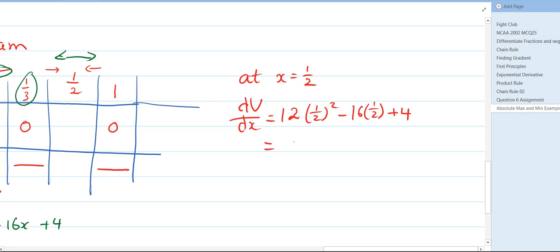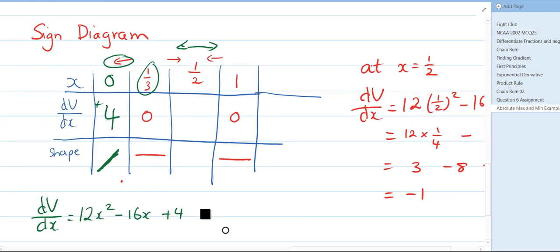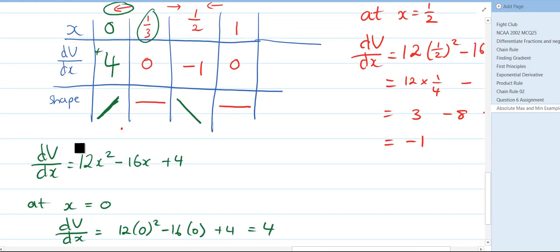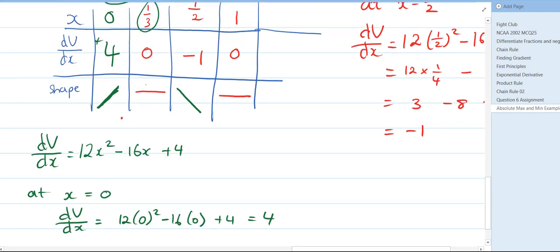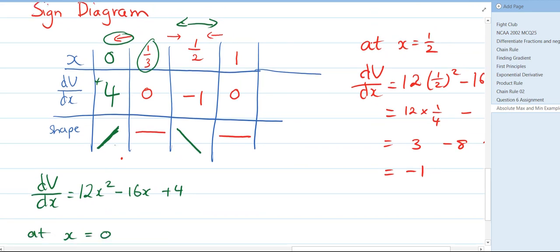So let's solve this. This is just 12 times a quarter minus 16 times a half, which is 8, plus 4. And a quarter of 12 is 3, minus 8 plus 4. And that gives you negative 1. So I know that the gradient dv dx is equal to negative 1. What does the shape look like? Well, that means this is a negative gradient. And right here, I'm already showing that at x equals 1/3, it is a maximum. That's a local maximum right there.